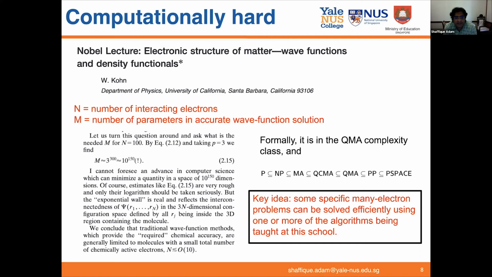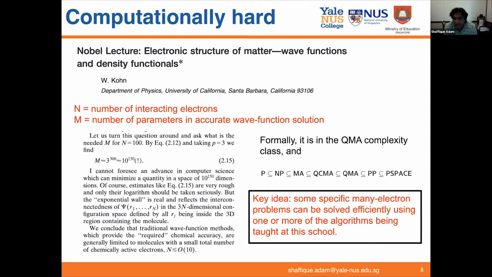He gives an example here. Let's try and solve the many-body problem for 100 particles. He shows that a wave function approach would require 10 to the power 150 parameters. The conclusion is that no amount of advance in computer science will allow you to minimize over a space of 10 to the power 150 dimensionality.